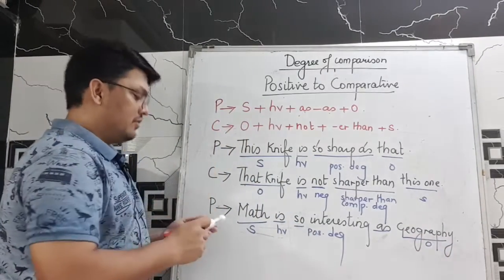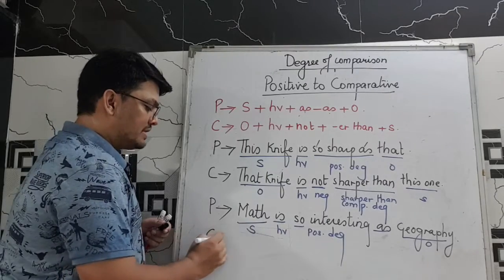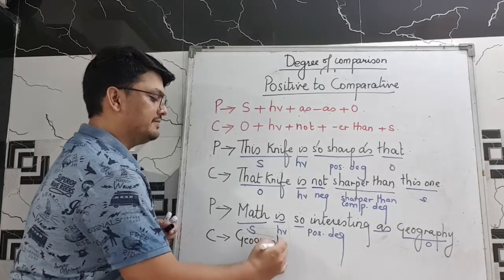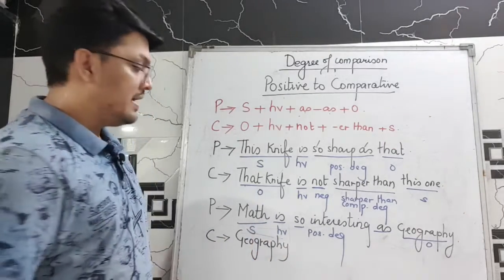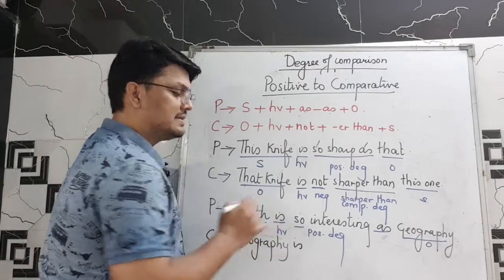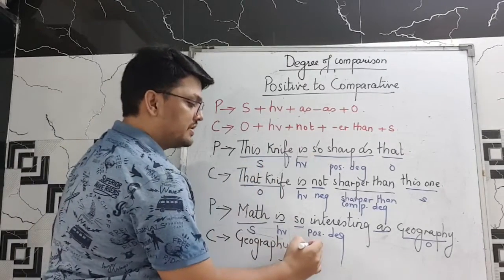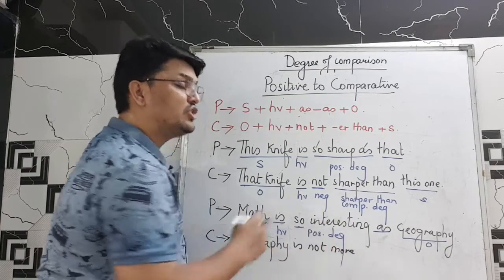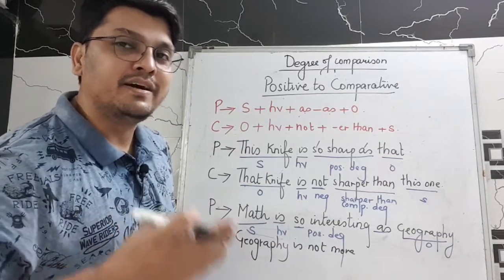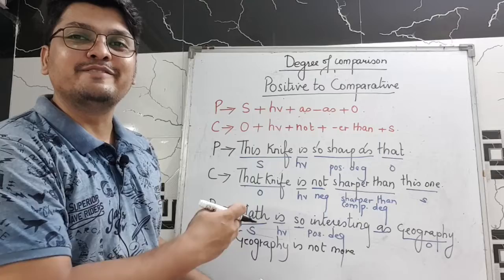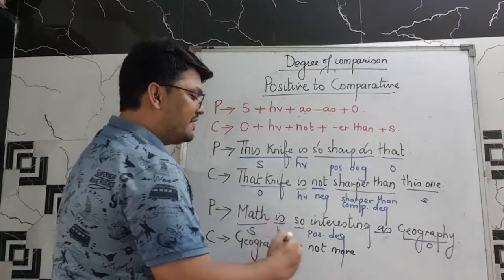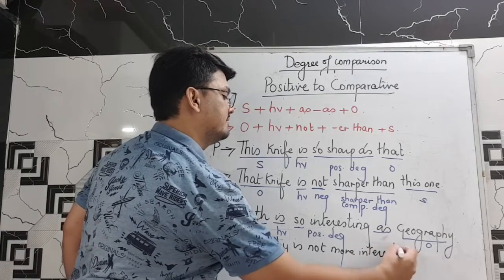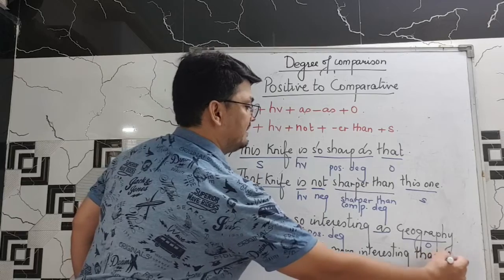Okay. So we'll follow structure. According to the structure, object comes first here. So geography will come here. Geography singular is. Not. So interesting as will turn into more interesting, because I cannot change interesting into interestinger, because the adjective is two or more syllables. So geography is not more interesting than math.